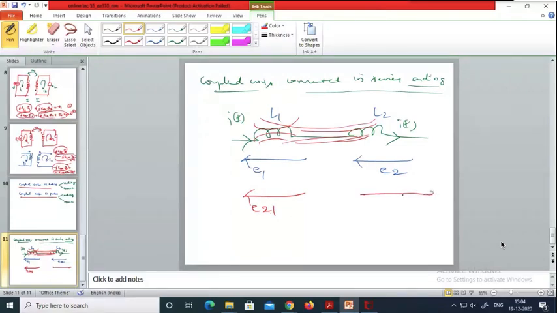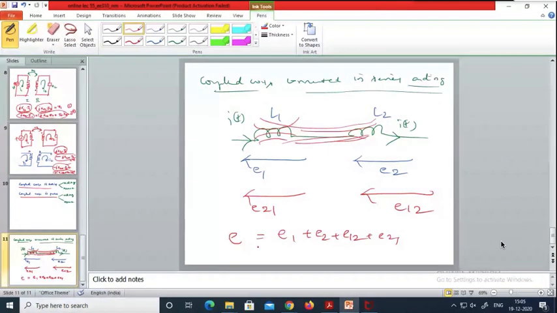Similarly, E12 is the voltage in coil number 2 due to the changing flux in coil number 1. So there are 4 voltages now. All voltages are in the same direction. Therefore, you can add them: E1 plus E2 plus E12 plus E21.